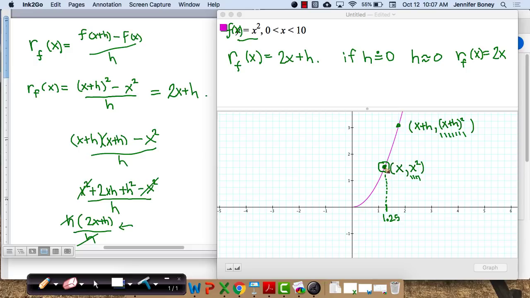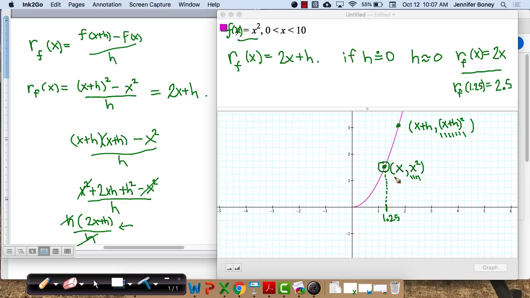If I want to know the rate of change, the approximate, visually speaking, slope at this moment that I have circled, I would need to use this formula. A rate of change function tells you visually about steepness, or in terms of the square context, if the square has a side length of 1.25, then the rate of change, r sub f of 1.25, is 2 times 1.25, which would be 2.5.